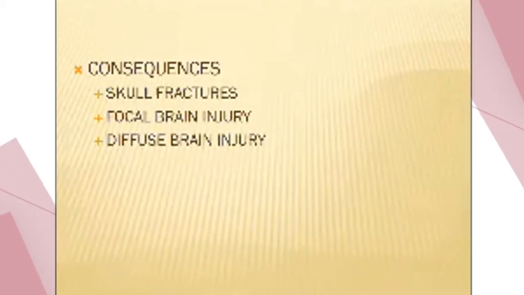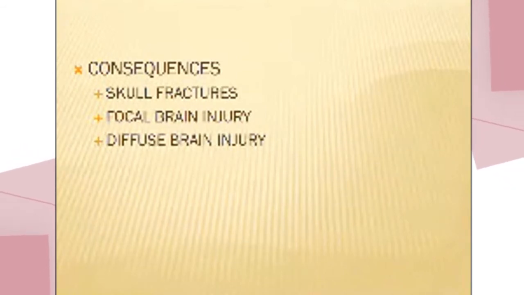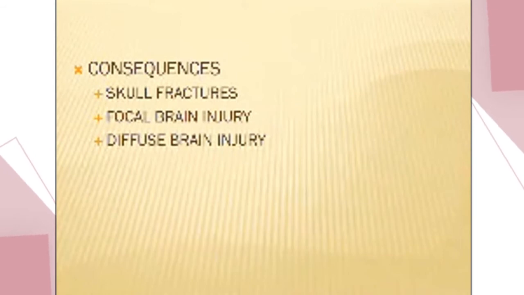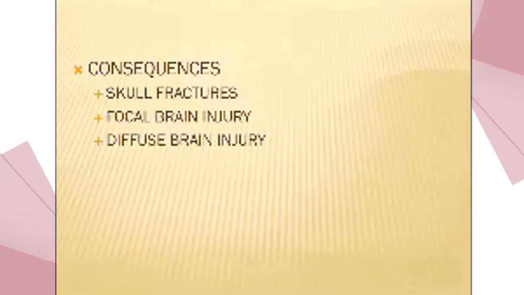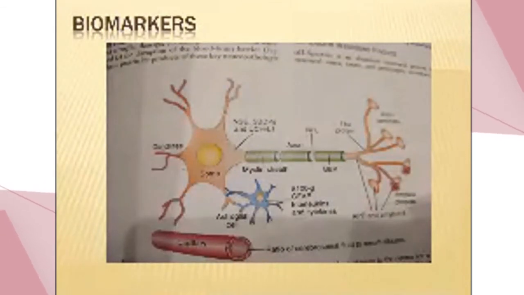Due to all this pathophysiology that we have discussed, the patient may have a contact or inertial injury. What are the consequences of the head injury? Maybe skull fractures, there may be a focal brain injury, or there may be a diffuse brain injury. So what happens at the cellular level?